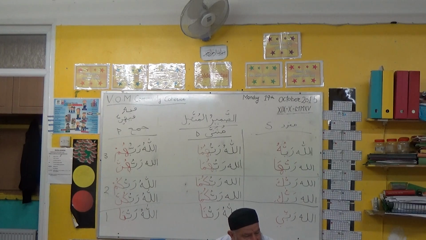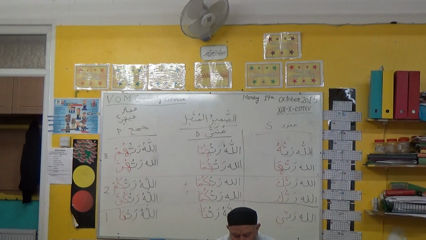So we change the hu to hi. So we say, for example, rabbihima, min sabilihima, sabilihim, sabilihinna, if it is preceded by a kasra or a jar. But if it is sabiluhu, with a dhamma, then sabiluhu, sabiluhuma, sabiluhum, sabiluha, sabiluhunna. Okay, I understand.